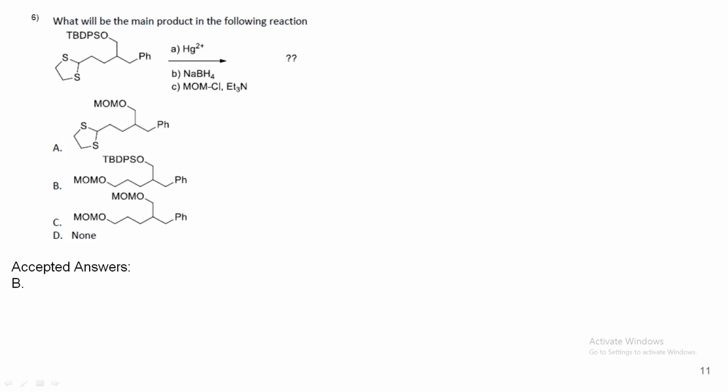Now coming to the next problem. So Hg2+, here you can see some pre-protection chemistry and protection chemistry is involved. What would Hg2+ be doing? This I already discussed in the first problem, so I hope all of you can easily do that. The sulfur-Hg bond, that tendency, the protection would be happening at first.